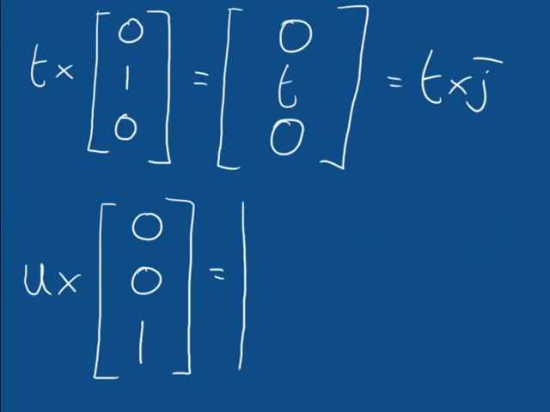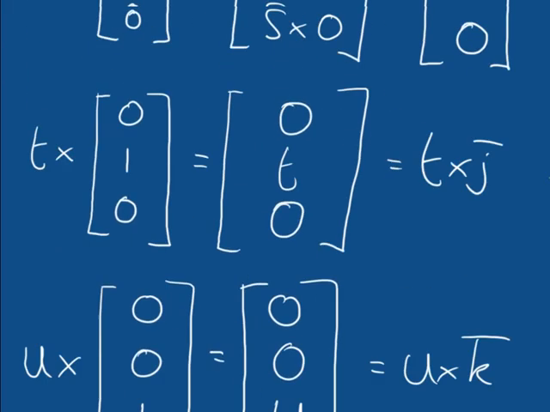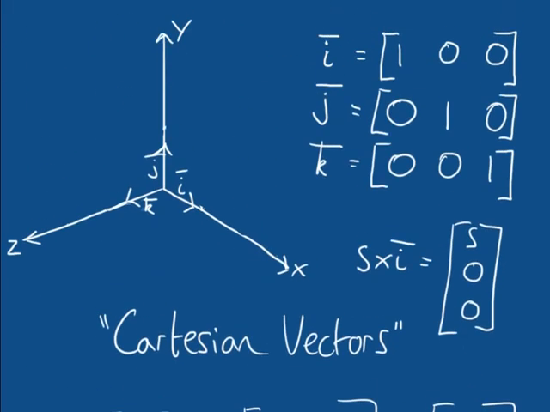And hopefully it's obvious that that would become 0, 0, and u, which is equal to u times k. So we're taking our vector k, which travels in the direction of the z-axis, and by multiplying it by a scalar, we can change the length of k, we can invert the direction of k, and we can get any vector that travels in the positive or negative z-axis, and that can have any length.